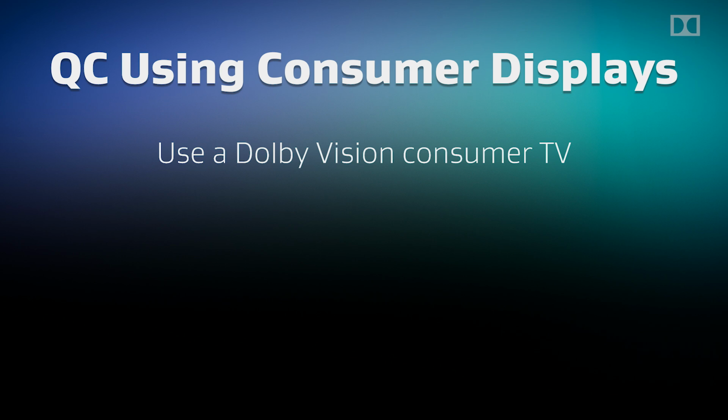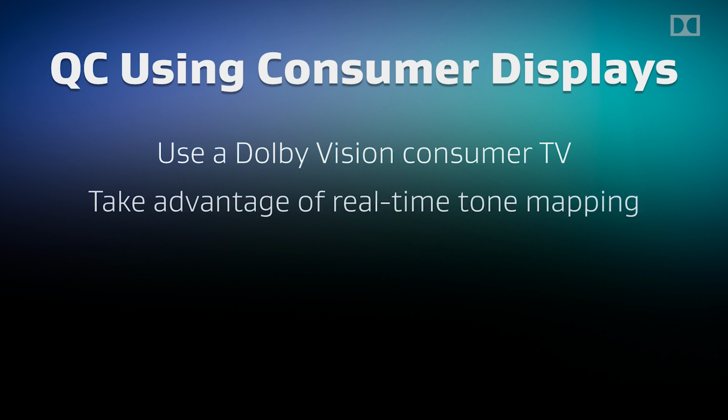Another way to confidence check your Dolby Vision grade is to watch it on a consumer monitor. Many consumer TVs have Dolby Vision processing, which in real time tone maps Dolby Vision content to the capabilities of that display. And if you've ever watched Dolby Vision on popular streaming services, you've seen this in action. In other words, a consumer TV needs to be told to go into Dolby Vision mode.